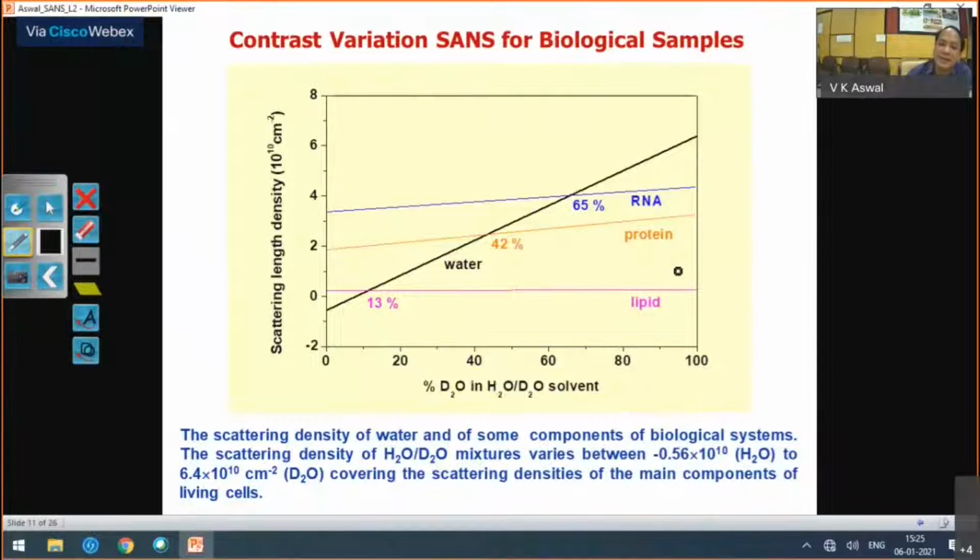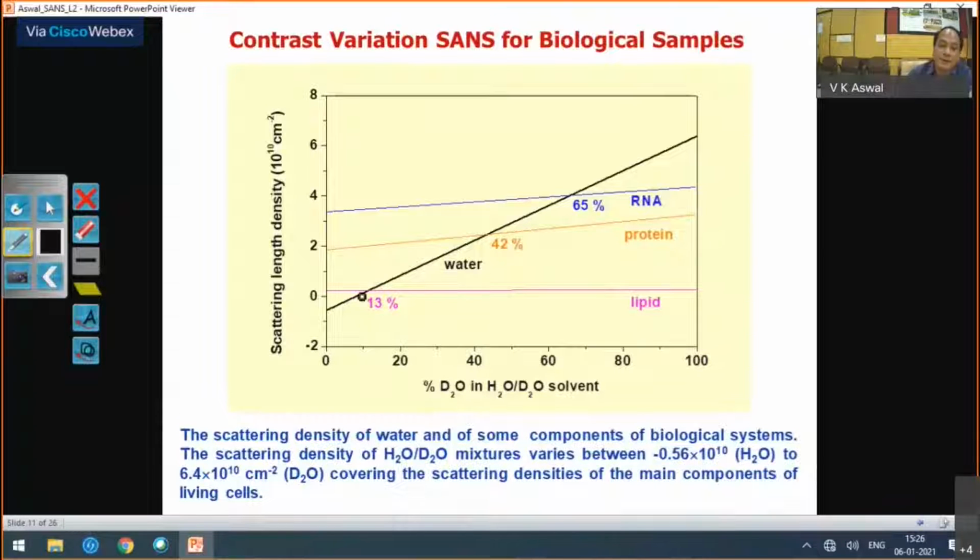The good thing is that since their chemical compositions are different, you can differentiate them. And different so much that if you take a D2O H2O mixture, you can contrast match these 3 components at different percentages of D2O in the H2O D2O solvent.